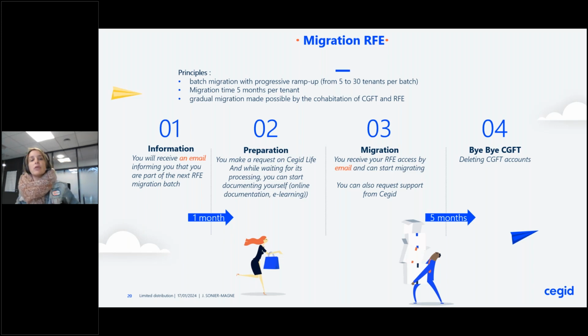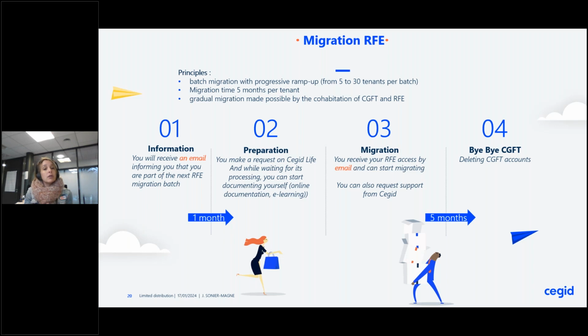This email will be the signal for you. When you receive this email, you must know that you have 5 months to migrate to RFE, and it's the go to start your migration.